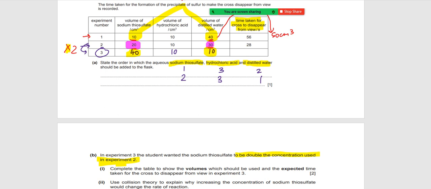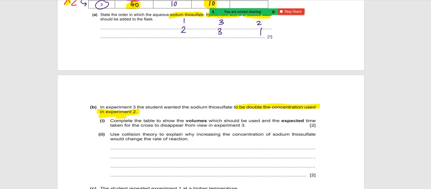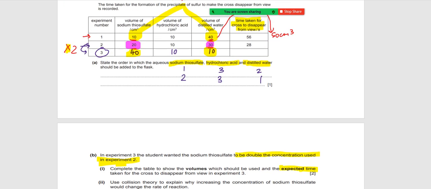All right. Ready? Ready, okay. Use the collision theory. What is this collision theory? Oh, and the expected time, sorry. Expected time should be half. Because the more concentrated is the half, so here is 14. Do you understand?